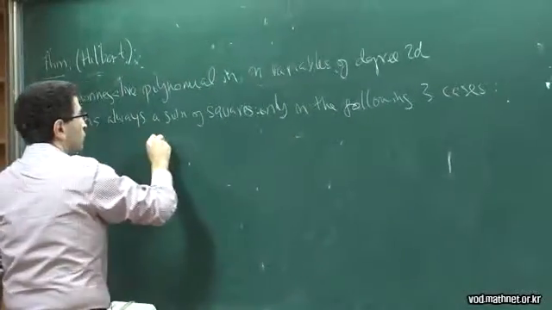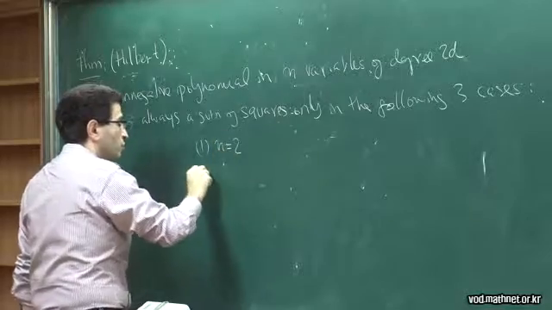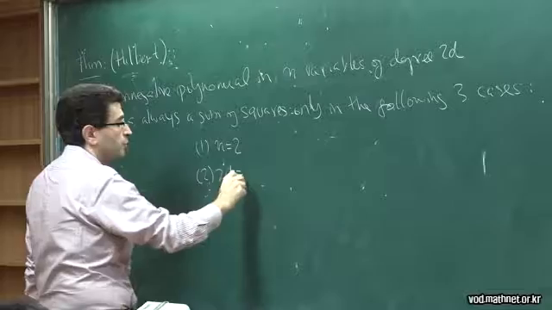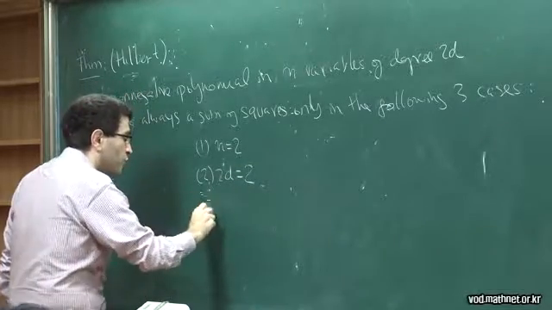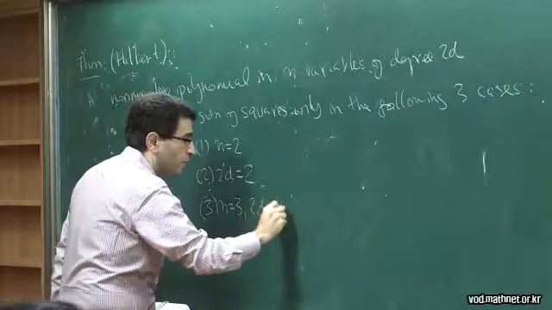One was n is equal to 2. So not two variables, but this is two homogeneous variables, so one non-homogeneous variable. The other was degree is equal to 2. And there is a third case, n equals 3, 2d equals 4.